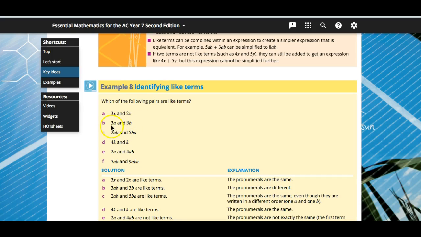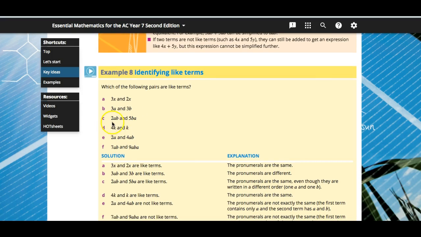With question B, I've got 3A and 3B. You could say I've got 3 apples and 3 bananas, but I can't add them together. I can't say I've got 6AB, because I've got one type of fruit, an apple, and another type of fruit, a banana. They're not the same, therefore they can't be added.